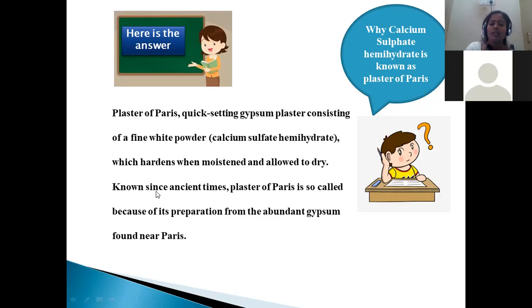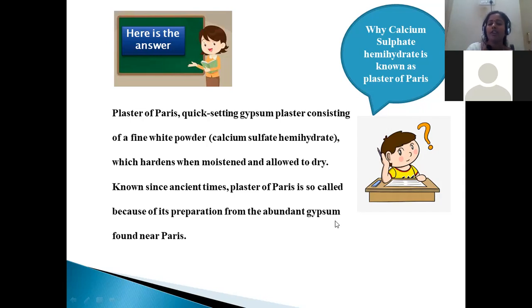Since ancient times, we have been using plaster of Paris as a material of construction. In so many fields, plaster of Paris can be employed. It was first used in Paris, nearby Paris, where the starting material called gypsum is abundantly available.